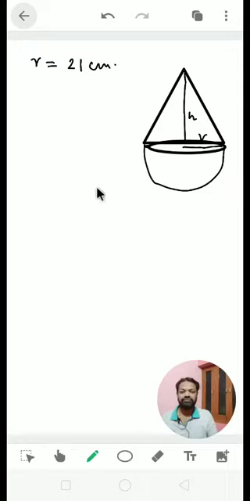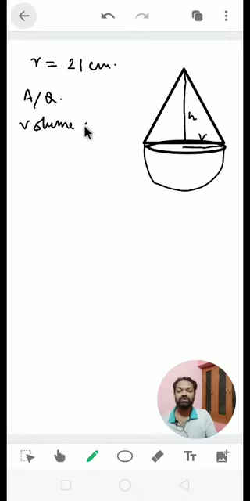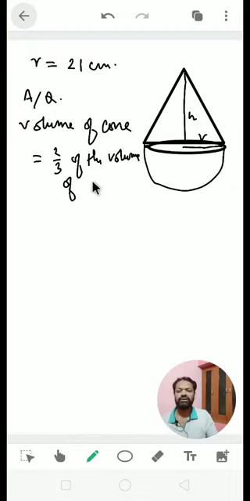Now, as per the question, we have to take the volume of the cone. Volume of cone is equal to 2 by 3 of the volume of the hemisphere, right?